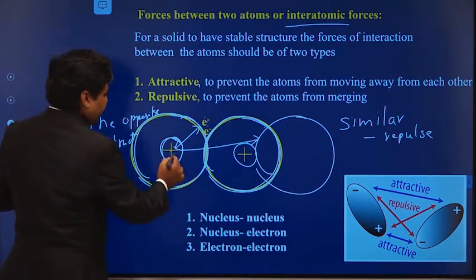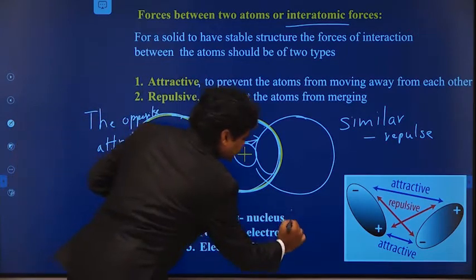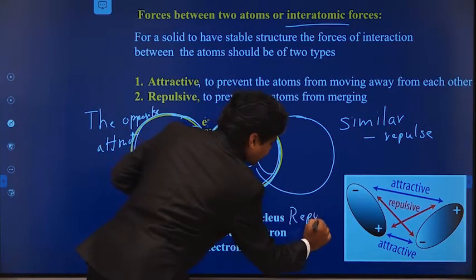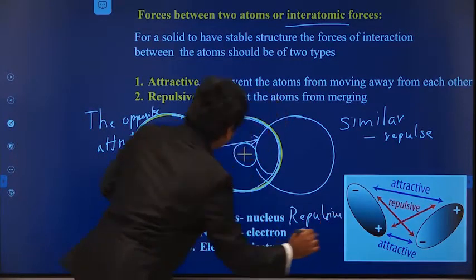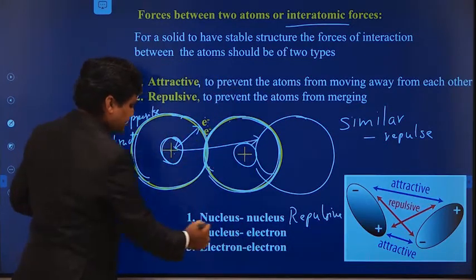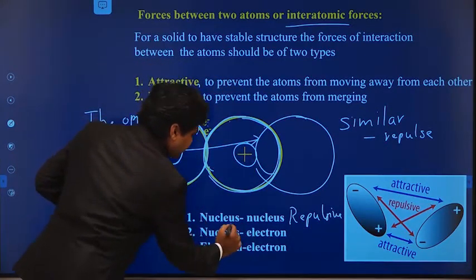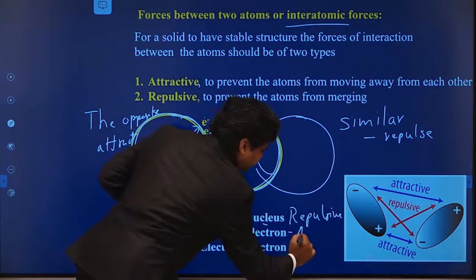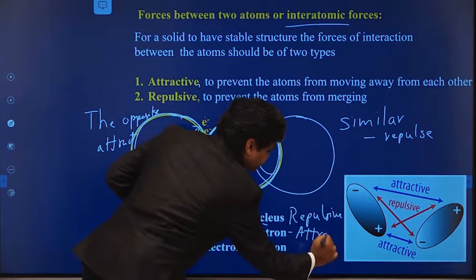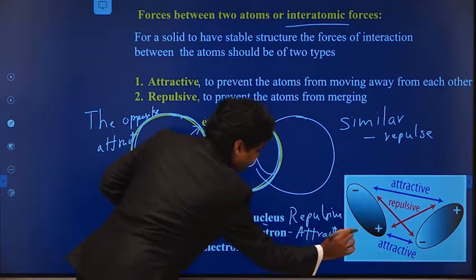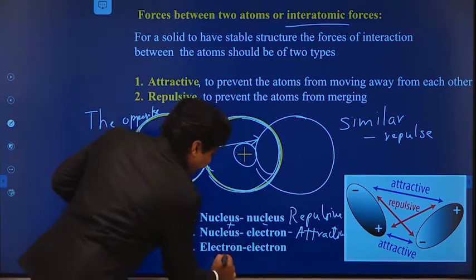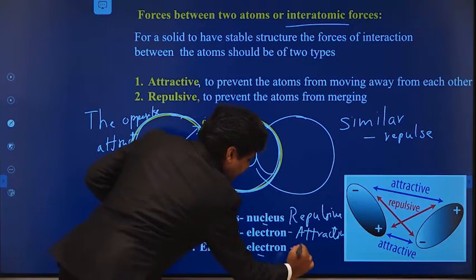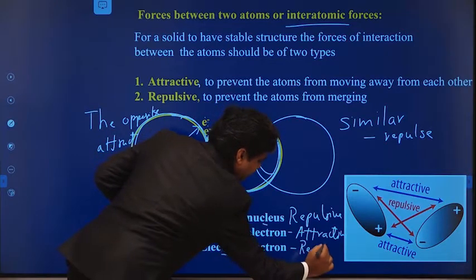Here we have a repulsive force between nucleus and nucleus, because they have similar charges. And here we have the nucleus with plus charge and the electron with negative charge, so there will be some attractive force. And electron and electron both have negative charge, so there will be some repulsive force.